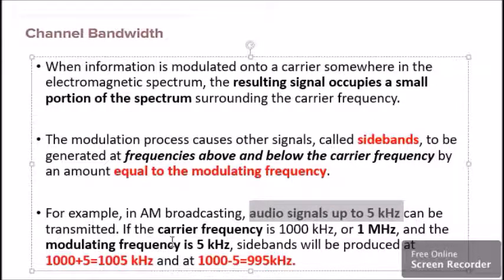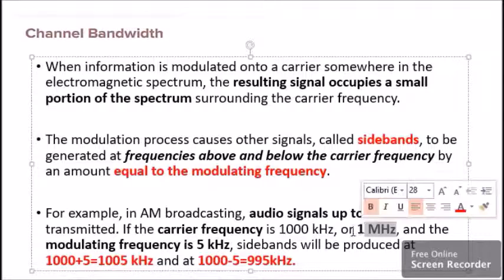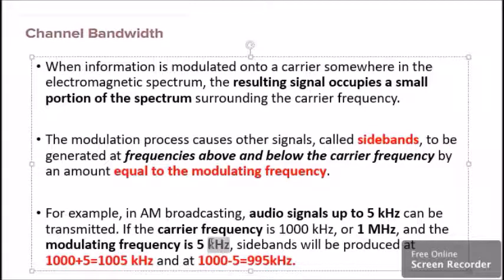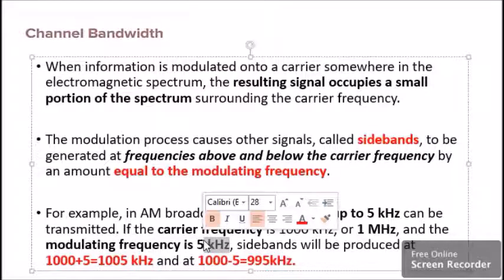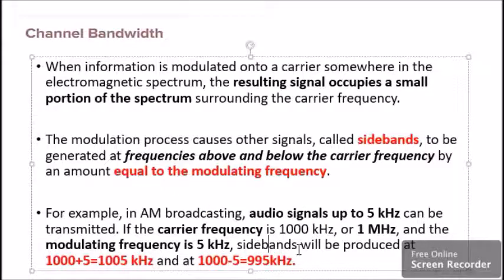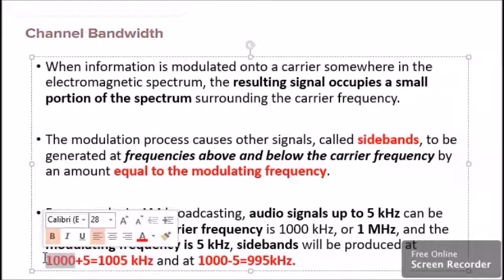If the carrier frequency daw is 1,000 kilohertz or 1 megahertz, so meron kang carrier na 1 megahertz, and the modulating frequency is 5 kilohertz, okay, again, pag nag-modulate ka, nagkakaroon ng sidebands. Tama ba? So, yung sidebands na mapoproduce natin, meron siyang frequency na first, that is 1,000, yung ating carrier frequency, which is 1,000 kilohertz, plus 5.